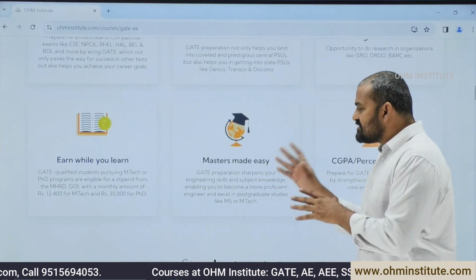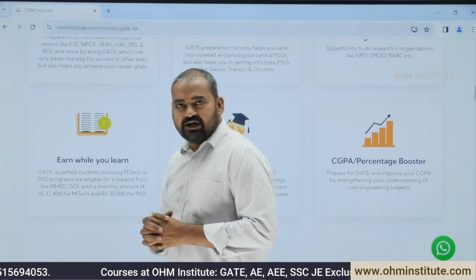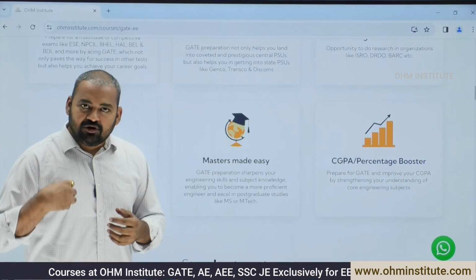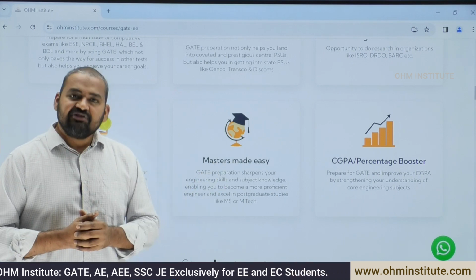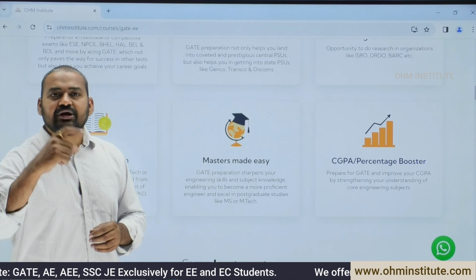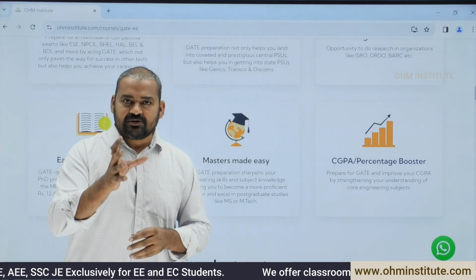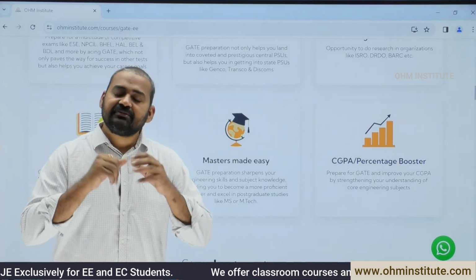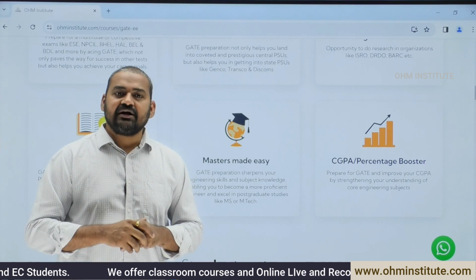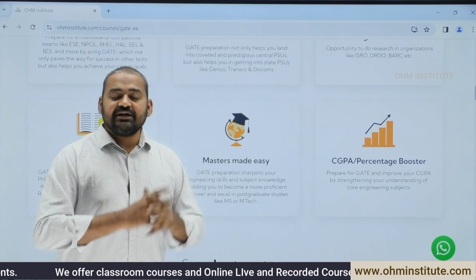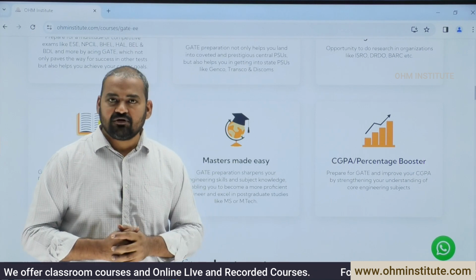And masters made easy, this is another point I would like to highlight. Having core knowledge in engineering will help you to make your master's degree very easy. For example, if you go to MTech, suppose a professor, as a machines faculty, I will take machines as an example. So if you go to MTech, a professor will come and he will directly say, I am modeling a machine using V by F speed control mechanism.